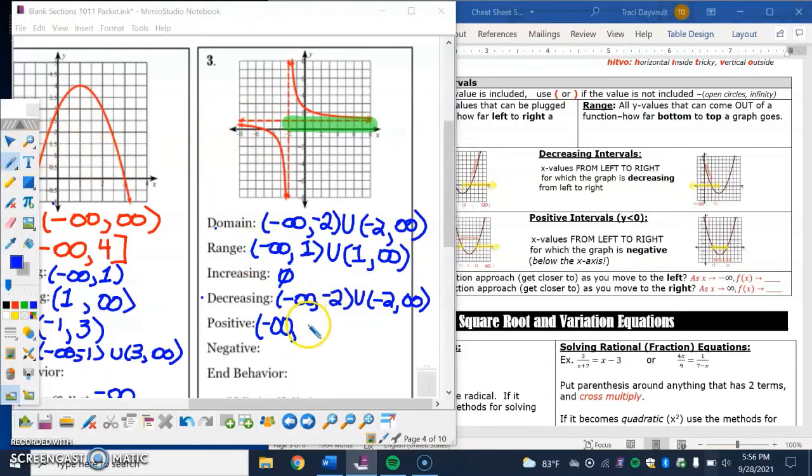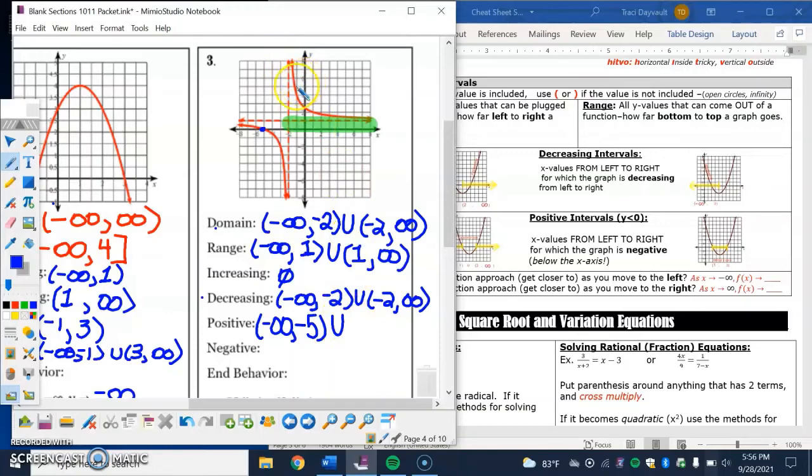At -5. At -5, it's going to switch from positive to negative. At -5, it is neither negative nor positive, so we're going to put parentheses. It's not included because it's not negative or positive.